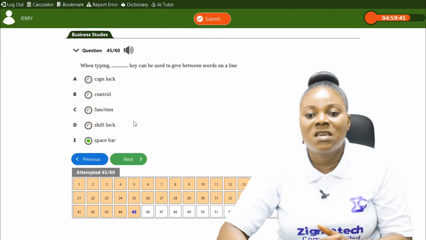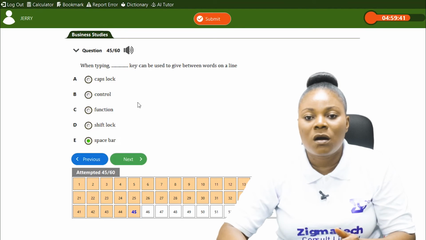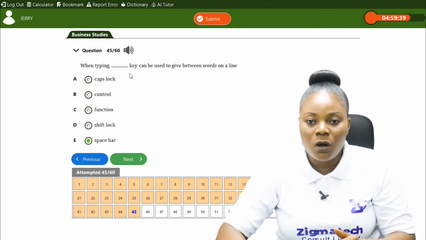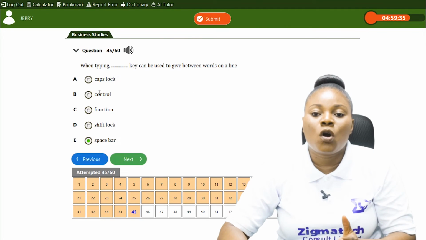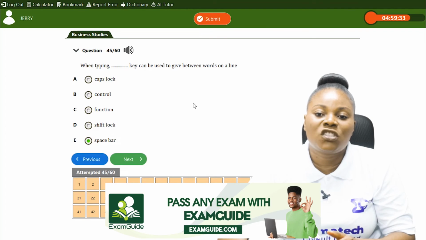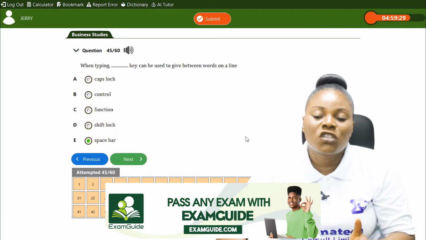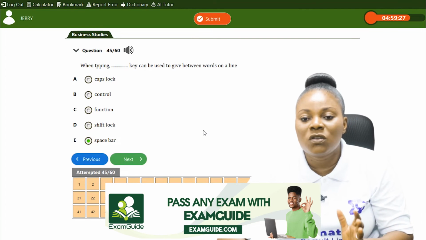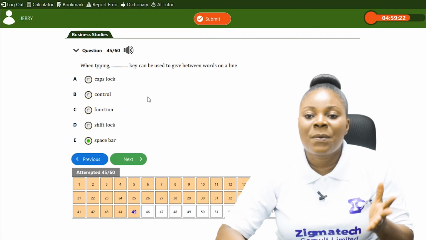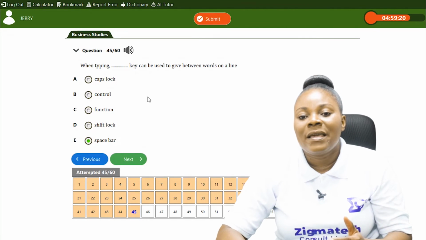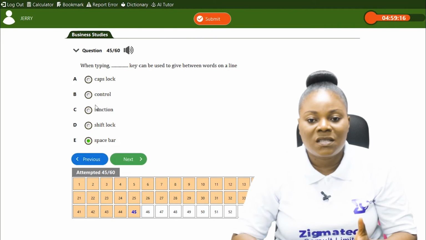All other keys are also found on the computer keyboard. Your caps lock is for typing capital letters. You have your control keys to carry out different shortcuts, programs, activities. You have your function keys ranging from function 1 to 12. They are special help keys, used to get help from your computer system.